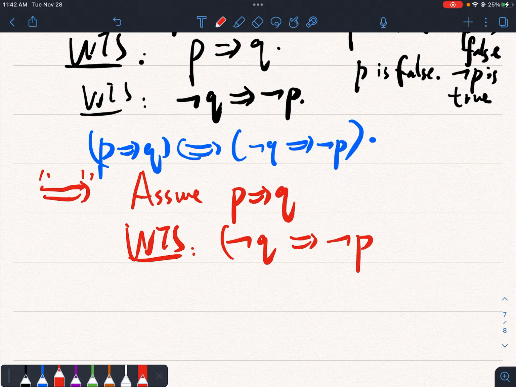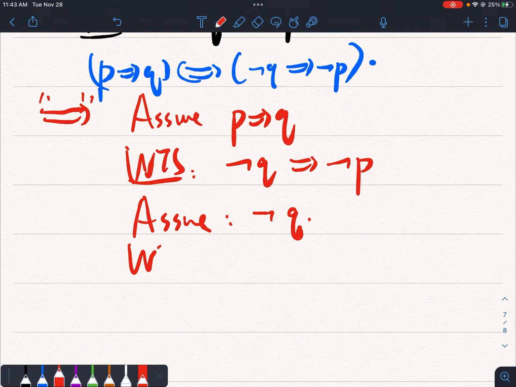So let's assume that not Q is true. What we want to show is not P.